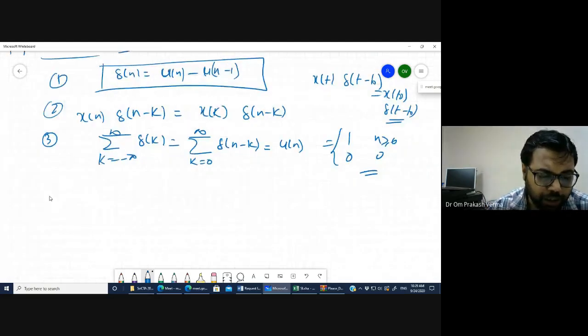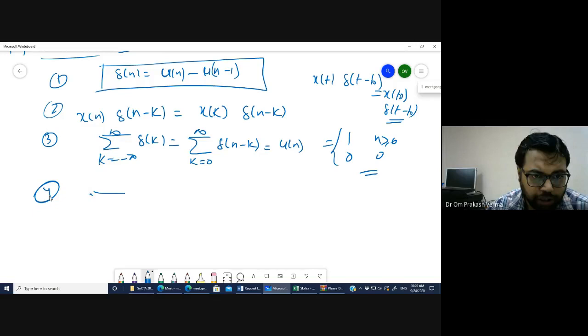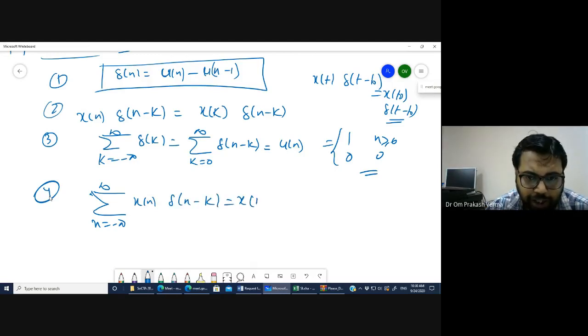The last property is the shifting property that we did in the case of the integration of x(t) delta(t minus t naught). With the help of this property, we are representing the same thing in discrete time: x[n] delta[n minus k] is x[k], nothing else.